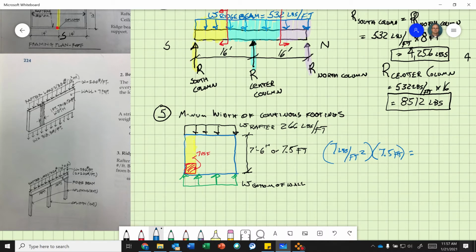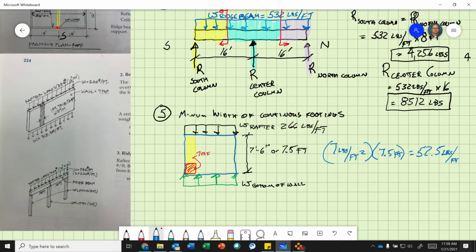Floor joist, let's see here. I don't see it. Where's the wall? Yes, 52.5 pounds. So they round it. It's okay to round your numbers up when you're designing, because as long as you round your loads up, not too much, you're conservative, you're better off.